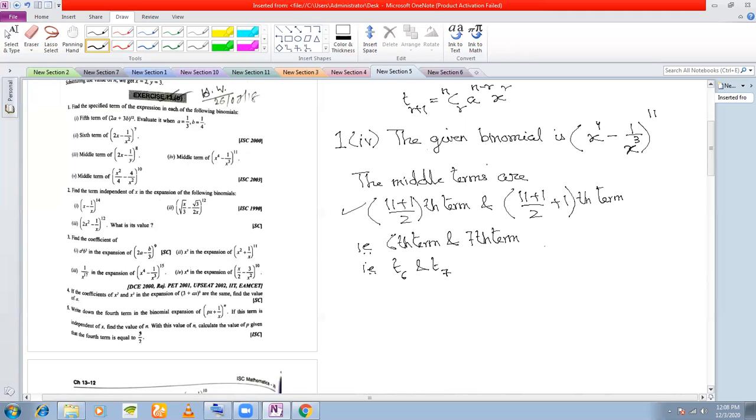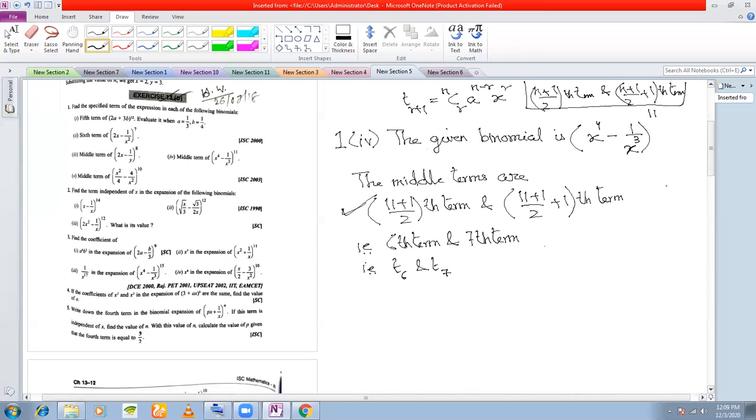Remember, what were the middle terms of the binomial if n is odd? The (n plus 1) by 2th term and the (n plus 1) by 2 plus 1th term. If you remember, I just showed you, for odd powers, you get two middle terms, and these two middle terms are given by this formula. That is why I've got two middle terms from here, the (11 plus 1) by 2th term and the (11 plus 1) by 2 plus 1th term. You get T6 and T7.